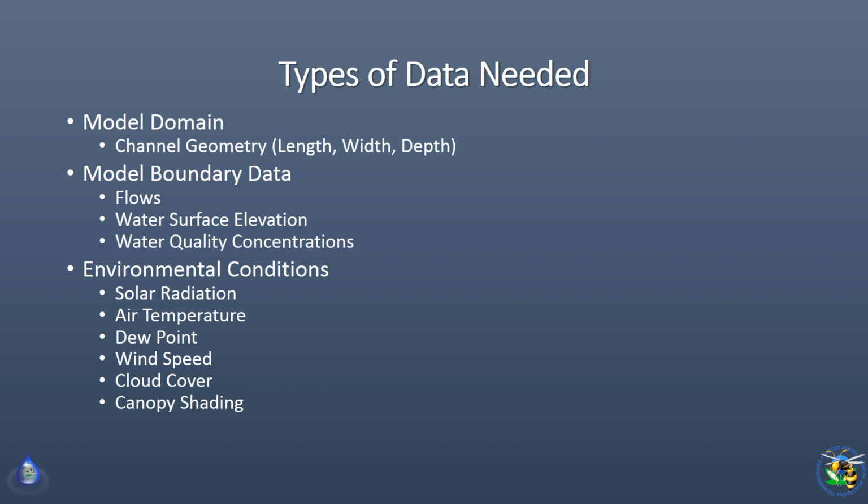And then one of the most important components you have to consider when you're applying the model is where are you going to get boundary data for the model. So a boundary is where you have information coming from outside the model network into the model network.